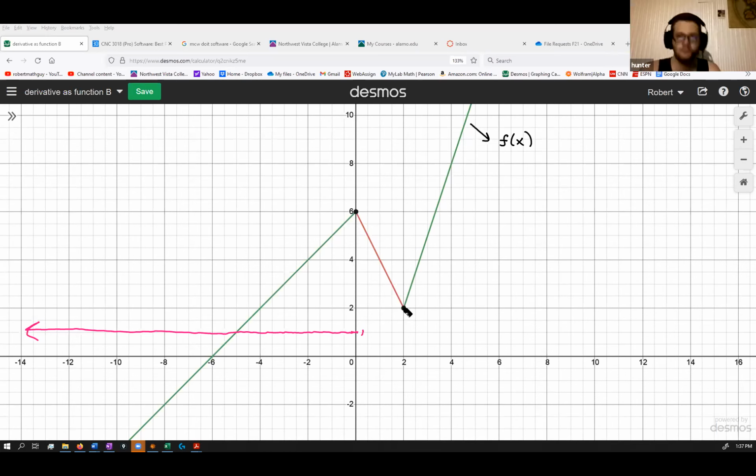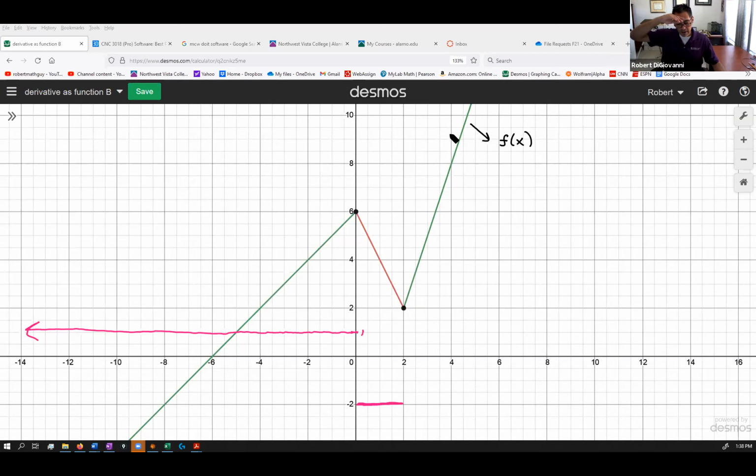Okay, so here's my derivative down here. That's what the graph of the derivative looks like. And now from 2 on to the right forever, it appears I'm going to start going up again, which means my derivative when I graph it will be above the x-axis. And that's always constant slope, right?